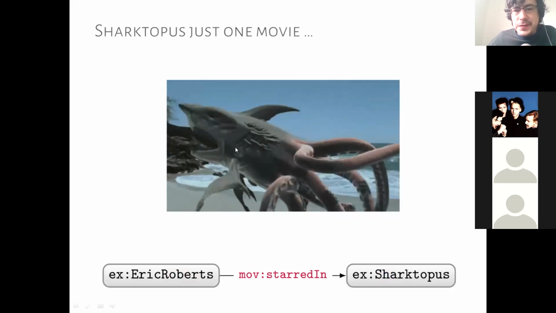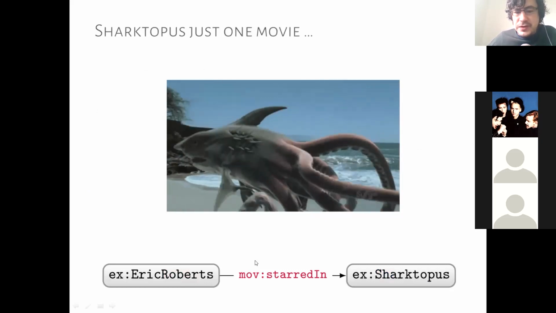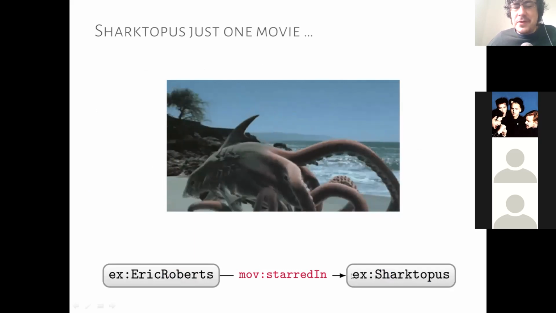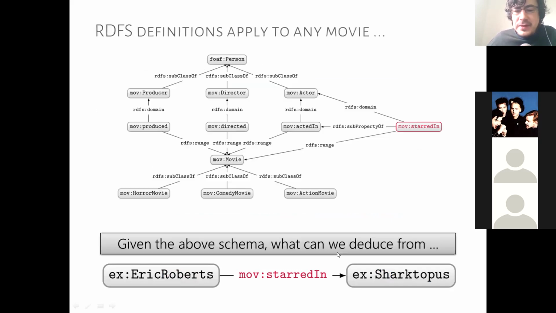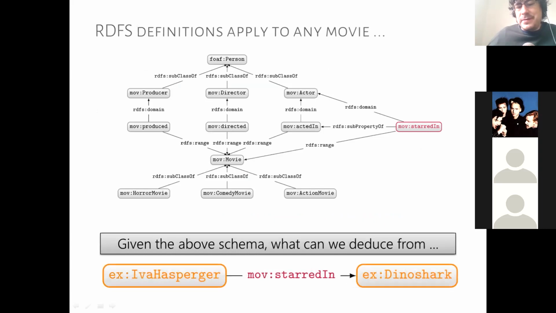Sharktopus is just one movie. This is one example of a movie that we could describe. But we could also have changed the movie, and we could talk about different movies. It's not that we've defined the schema just to describe the Sharktopus movie, but rather whatever movie we want, we can now describe using this schema.